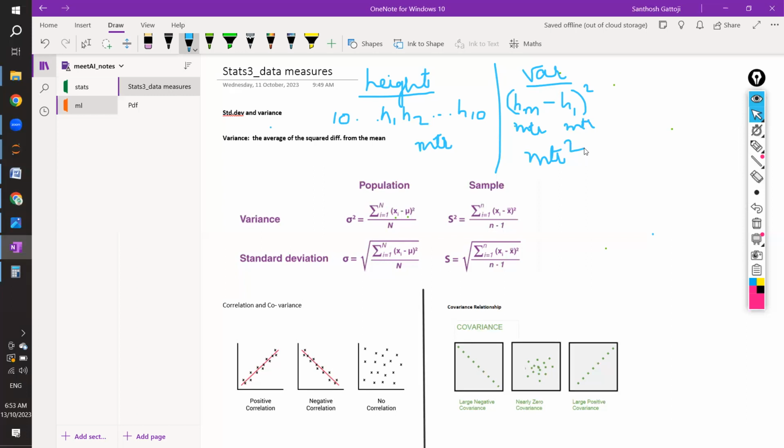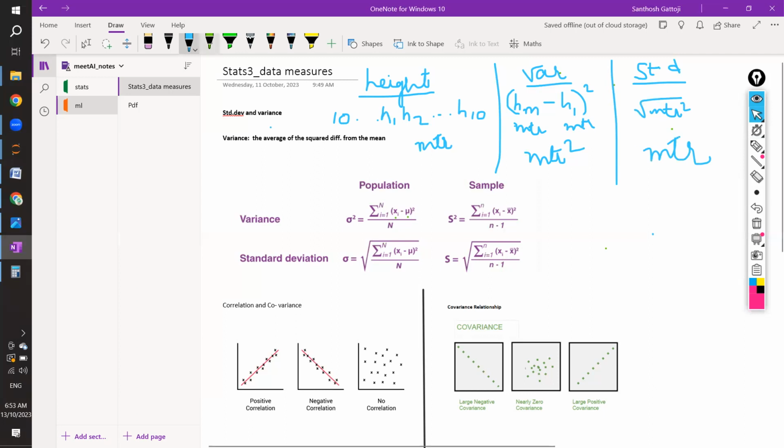So in variance, what's happening is the units of the data points which you are considering get changed. But to bring back the same units in standard deviation, we are just taking the square root of the variance. So if you consider the units, the square root of meter square will be meter again. Fine.